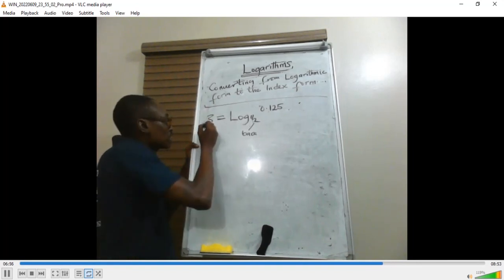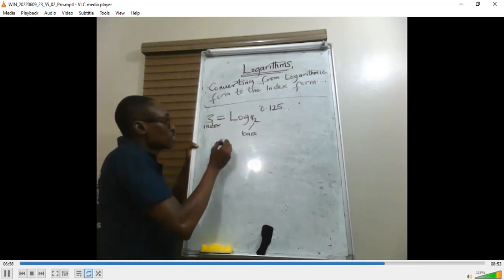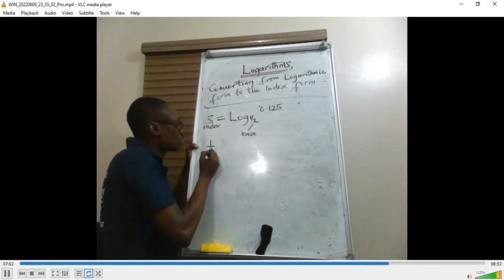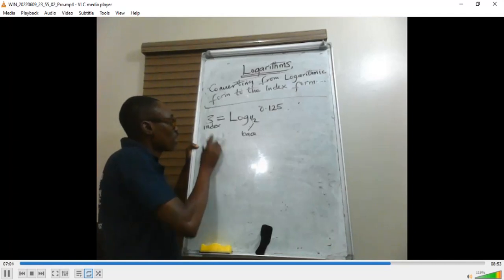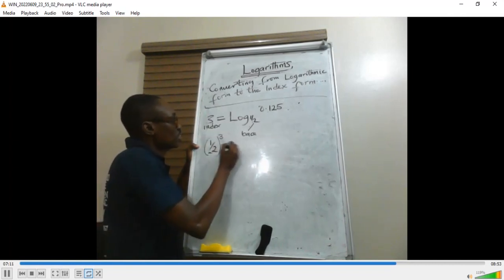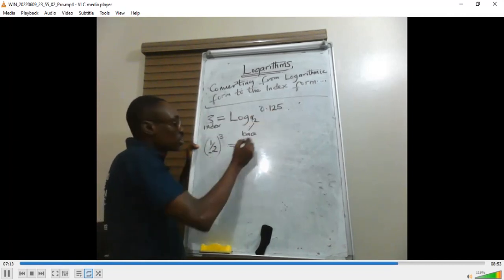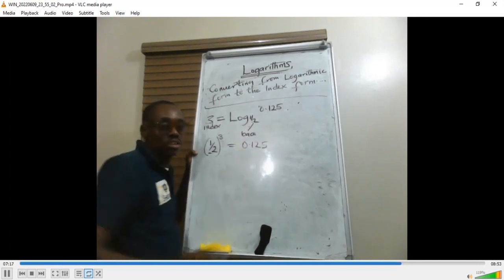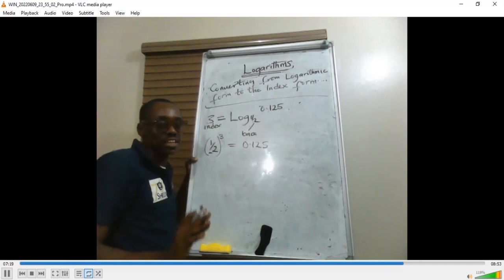This is going to become the index. So you have half raised to power 3, let's put in bracket, half raised to power 3 equals, this will now stand alone, 0.125. It's as easy as that.